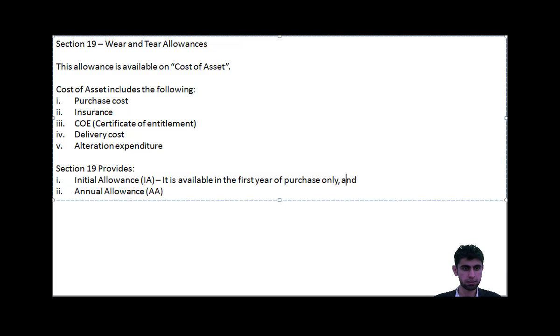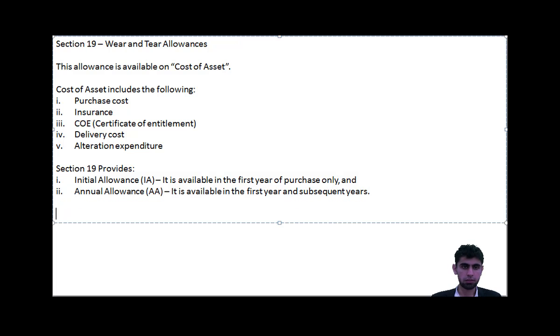And annual allowance is available in the first year and subsequent years. There is a different method of calculating initial allowance and annual allowance if the asset is purchased for cash. If the asset is purchased on lease or hire purchase, then there's a different method of calculating initial allowance and annual allowance.